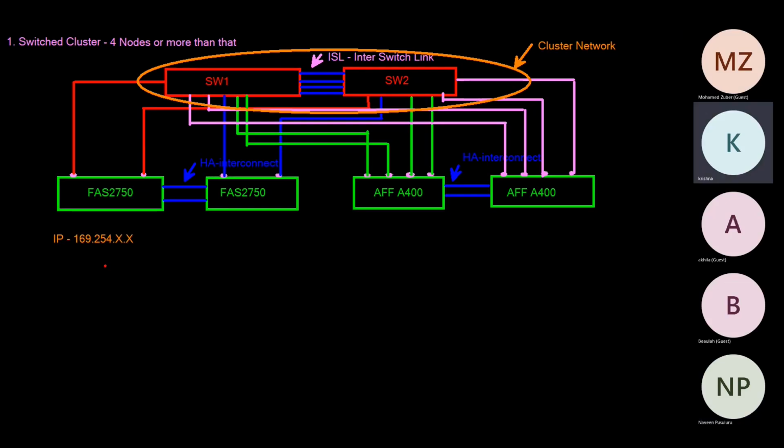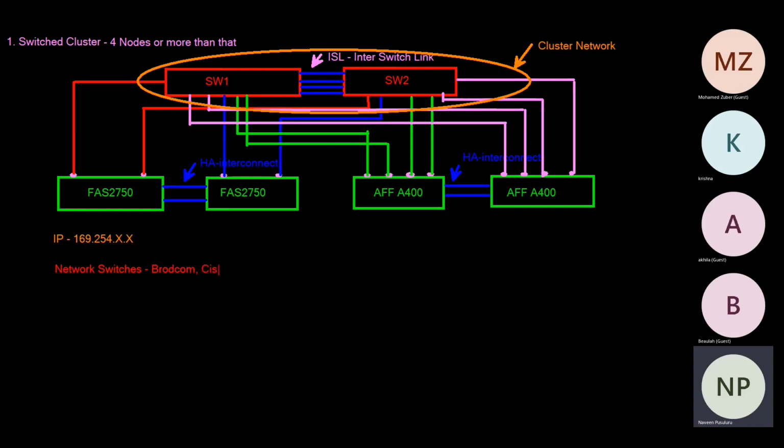Like, what do we call these switch vendor names? Is it the same as SAN, or are these different vendors? No, these are the network switches. Mostly we'll use Broadcom switches or Cisco, and NetApp has their own switches as well.